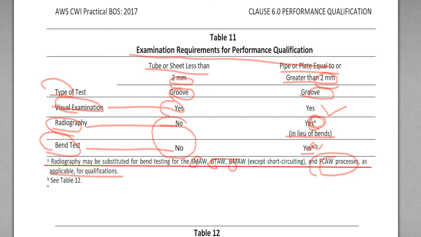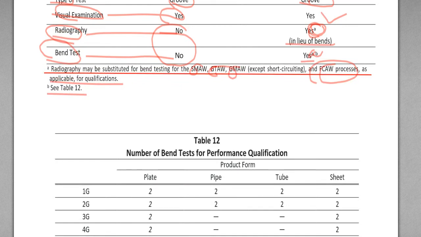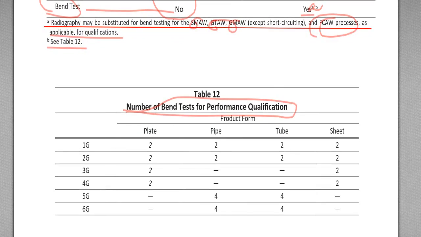And note B is see Table 12. Table 12 is here. Number of bend test performance qualification. Bend test for 1G, plate 2, if you used pipe, 2 bend tests, and tube, 1G, 2 bend tests required, and sheet, also, if you use 1G and sheet, 2 bend tests are required.